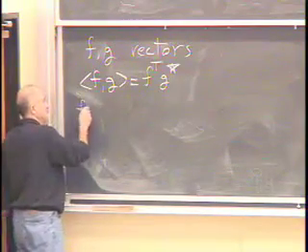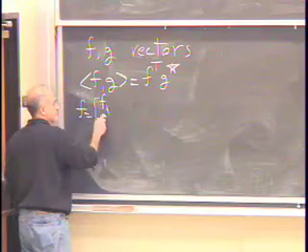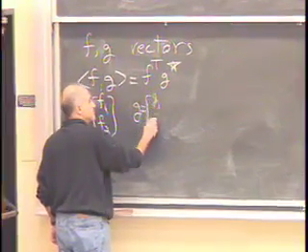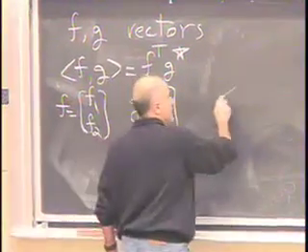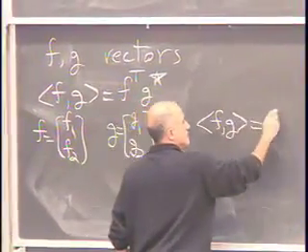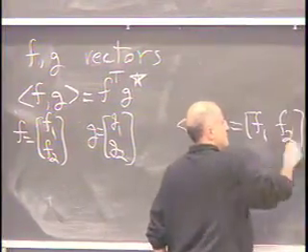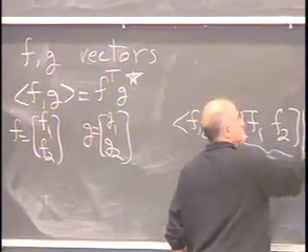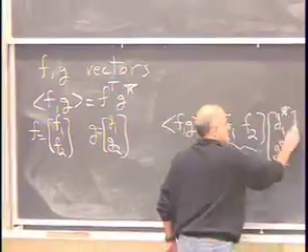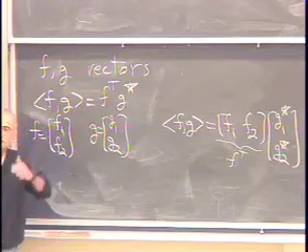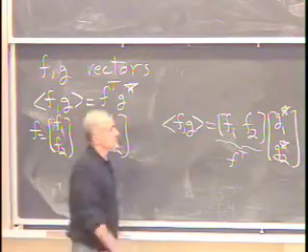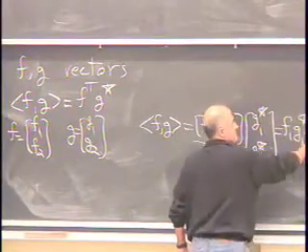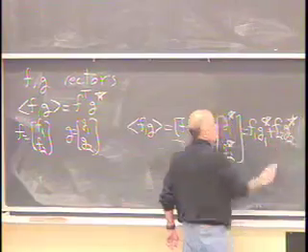Let's say f has two components in this case, and g has two components. Then this is f transpose times g complex conjugate. The complex conjugate of a vector is the vector of its complex conjugates, so every entry gets complex conjugated. And so what you have here is f1 g1 star plus f2 g2 star.